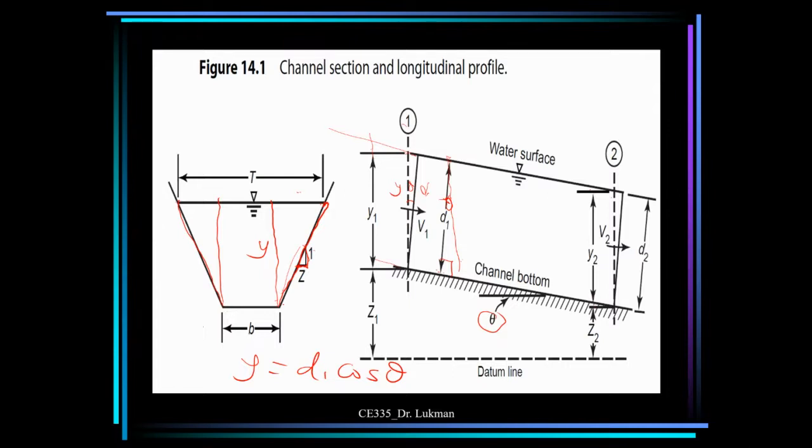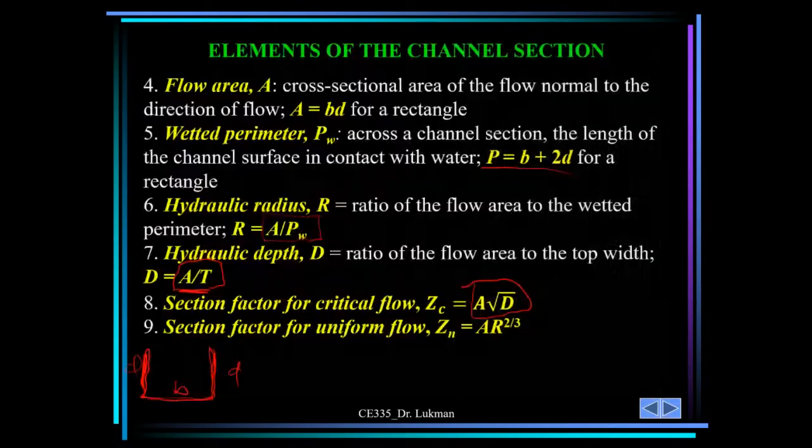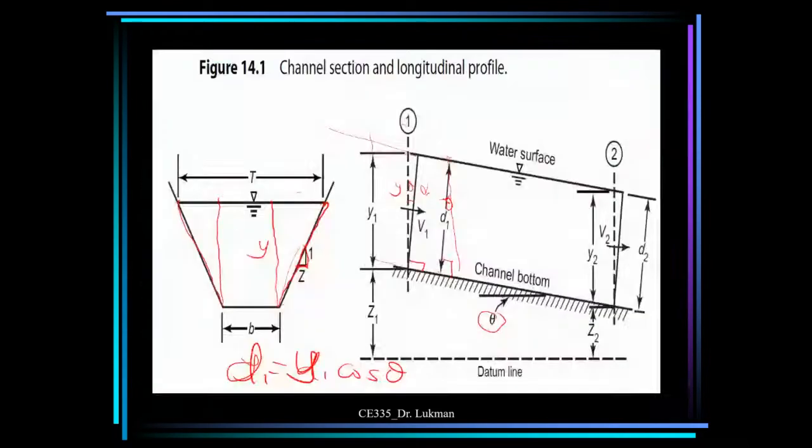So call it d1 is equal to y1 cos theta. We resolve it because this is the one perpendicular to the channel bottom. So d1 is equal to y1 cos theta. This is the channel section and the longitudinal profile.